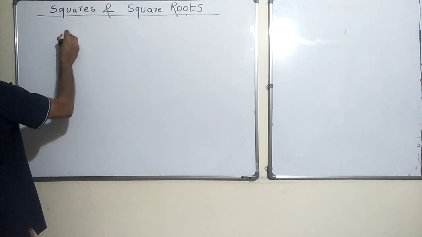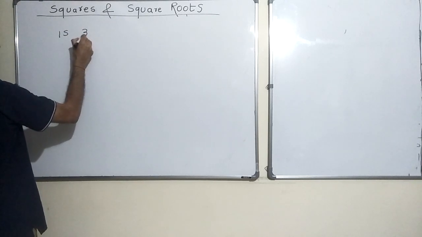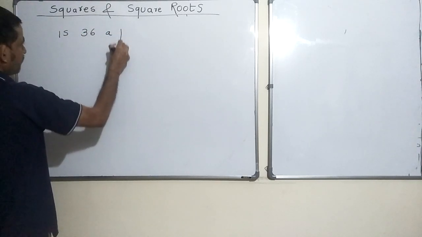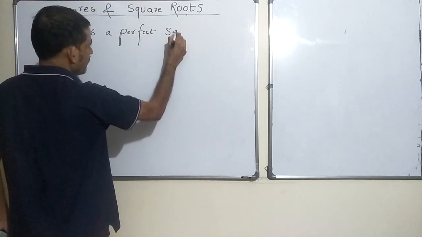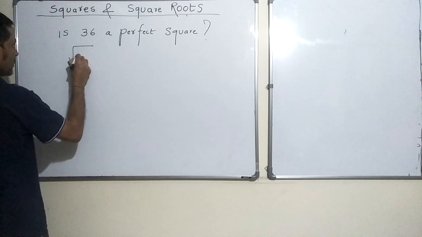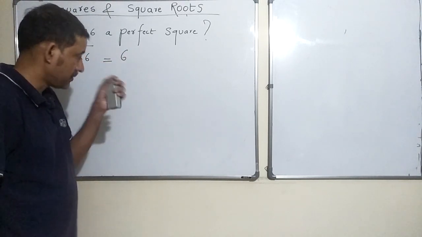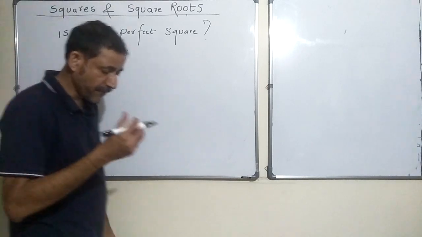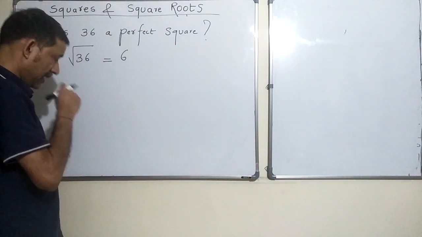So, is 36 a perfect square? Question mark, right? So now can you find out the square root of 36? It is nothing but 6, exact square root, okay? So you are able to identify the square root exactly, 6 is the exact value.